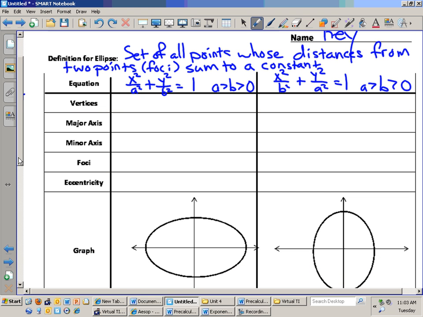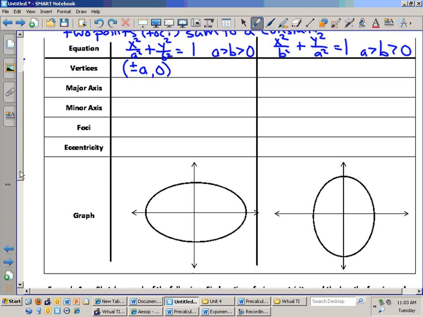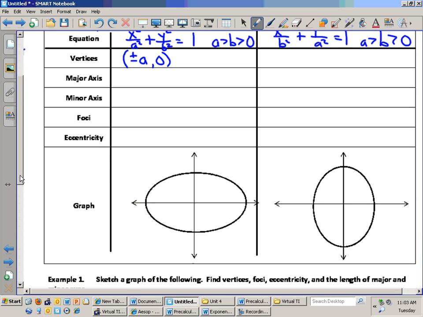If it's stretched more horizontally, your vertices are going to be plus or minus a, 0. Your vertices will be along the x-axis. So for example, I have a horizontal ellipse right here, and its vertices are these points, its endpoints, kind of.